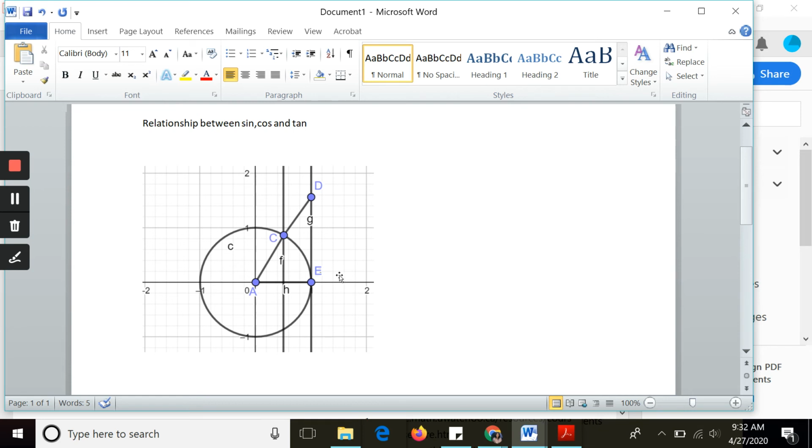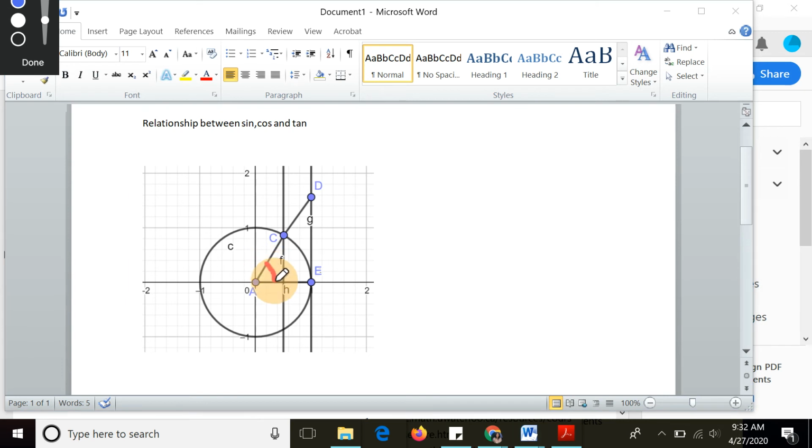I drew this diagram on GeoGebra, and I will try to explain. Here, as you can see, if this angle is theta, pay attention to this triangle, the small one, and then the big one.